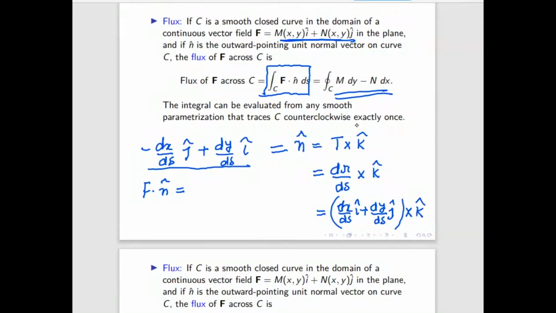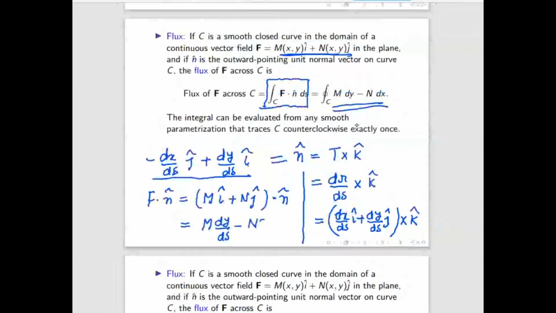M times dy by ds, because this is i cap, minus N dx by ds.